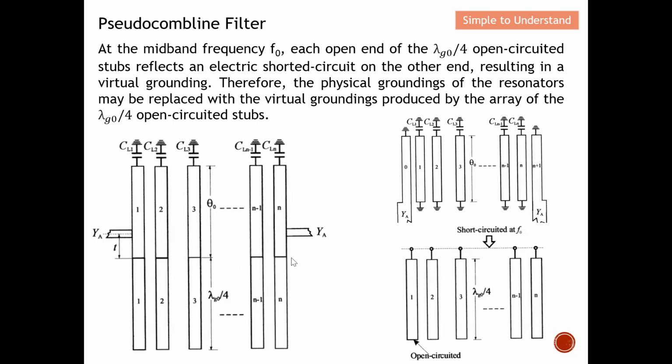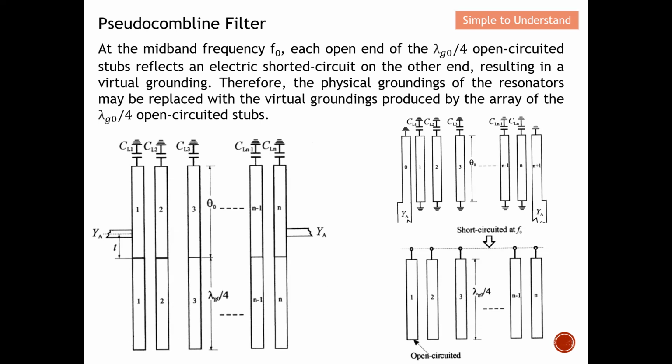So basically with this, you can imagine that this is actually very similar with the Combline filter design, because this is open circuit. When they come over here, these are all short circuit, but you can see that they are actually the same as Combline filter. So in short, the key advantage of using this Pseudo-Combline filter is that we can remove the short circuit here.